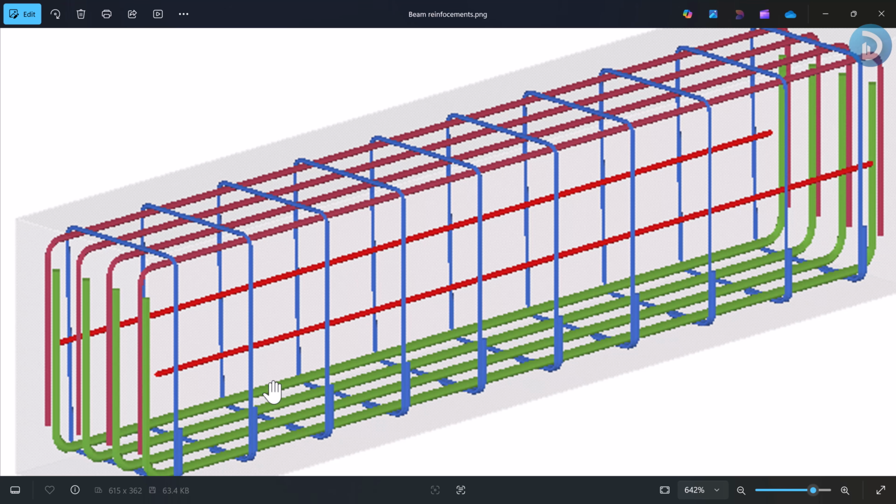But in the course of this very picture here, we have just one number. And the last reinforcement which we are just about to look at is our links, our links or our shear reinforcement. So we have this very reinforcement over here, and it runs all across this beam.